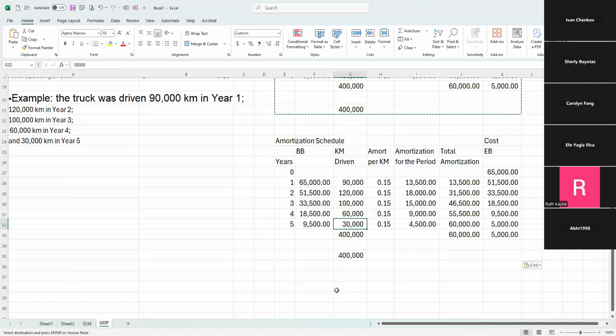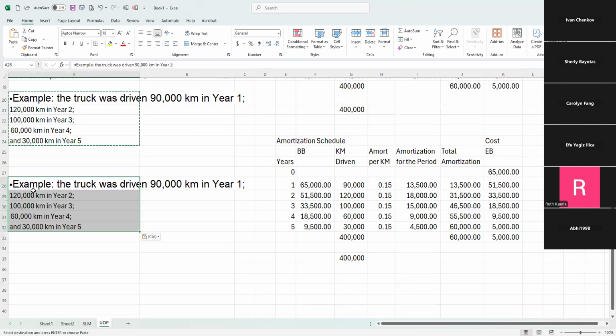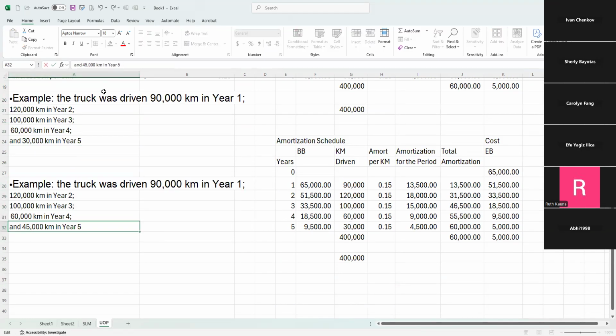What they trick you with sometimes is on year 5, they give you this information and say on year 5, you drove the truck 45,000 kilometers. So you do your due diligence. Plug the kilometers first, put here 45,000 kilometers, and see what's the total amount.